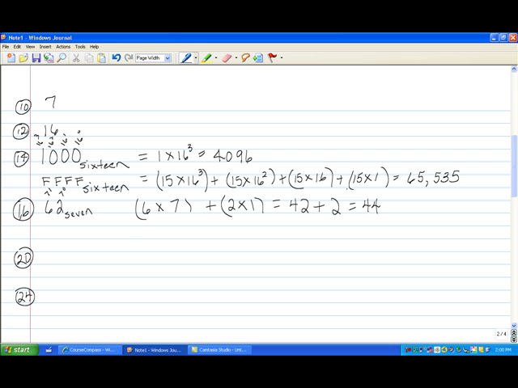Okay, and number 20, we have 34432 in base 5. So 5 to the 0, 5 to the 1, 5 squared, 5 cubed, 5 to the 4th.